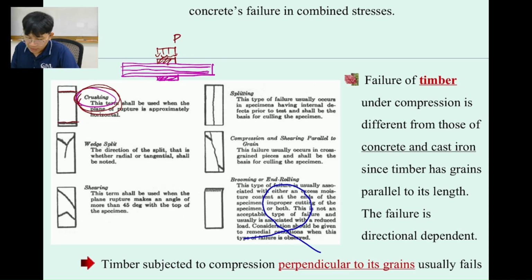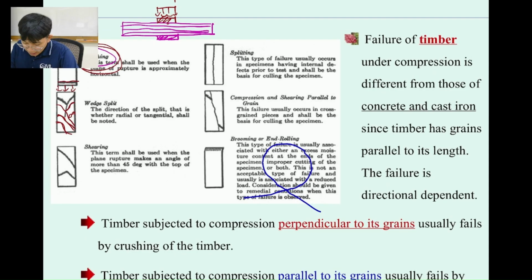And then you can just write down in your report. We have many types of failure in compression. For example, if you put it vertically like this, and the grain is not straight as we want, it can be diagonal like this. So when you apply the force, it can fail diagonally according to the grain of the wood. And then it can fail by shearing, but that's not often seen.